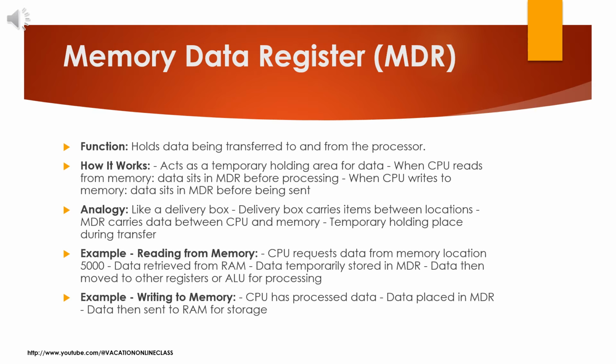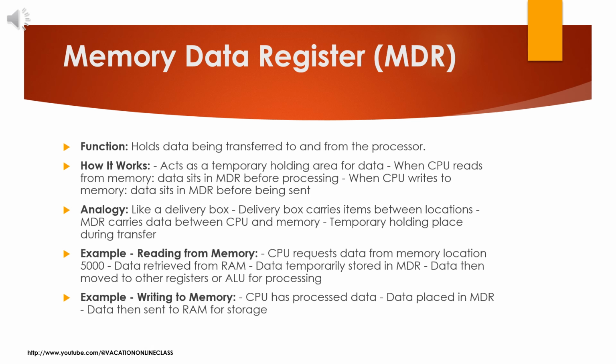A perfect analogy for the MDR is a delivery box. A delivery box is a temporary container that carries items between two locations. Similarly, the MDR carries data between the CPU and the memory, acting as the secure holding place during the transfer.